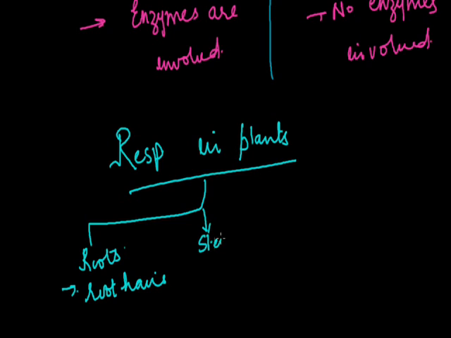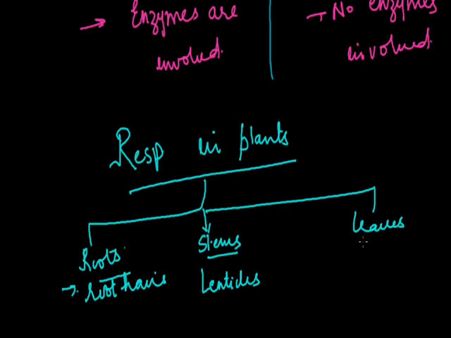In case of stems, respiration occurs with the help of lenticels. Lenticels are the small openings which are present on the bark of the stem. In case of leaves, respiration is done by minute pores which are called stomata.